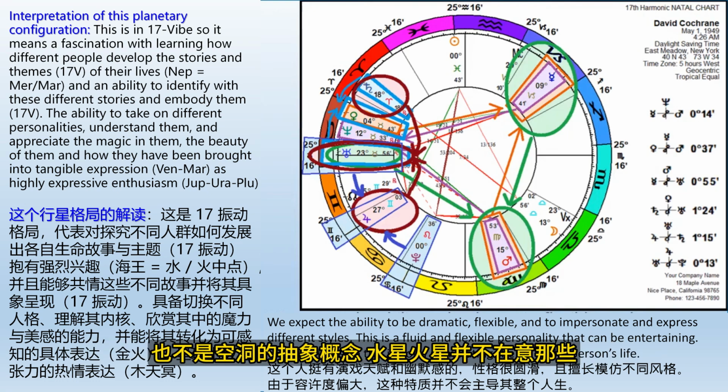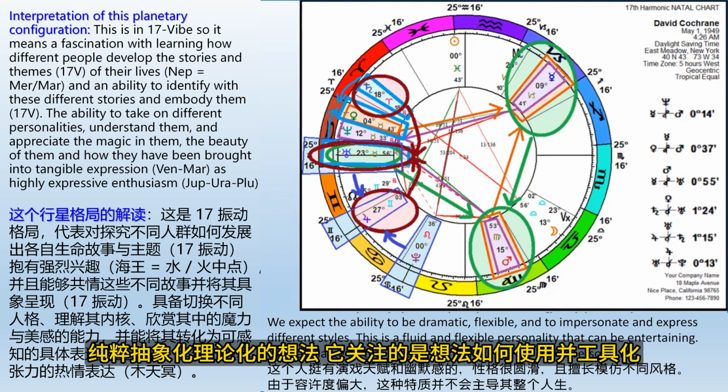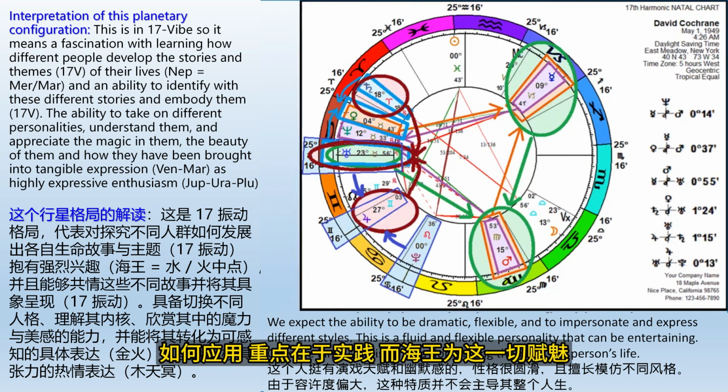So Mercury, Mars is not interested in ideas because they're so wonderfully abstract and theoretical. It's the ideas that are used. Tools, ideas, application. Neptune is this sense of wonder and magic about it.